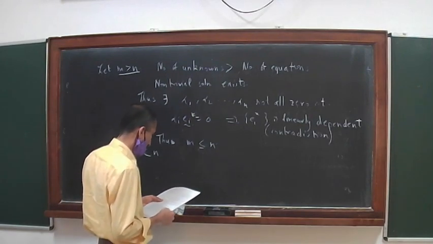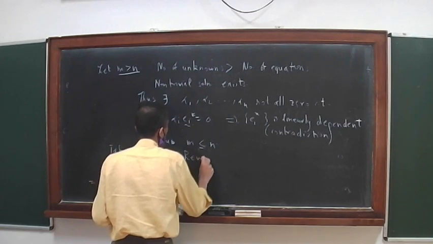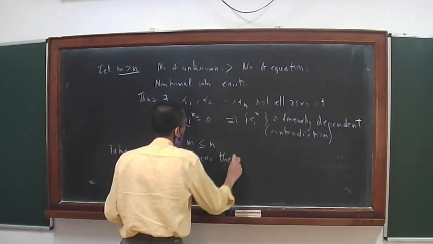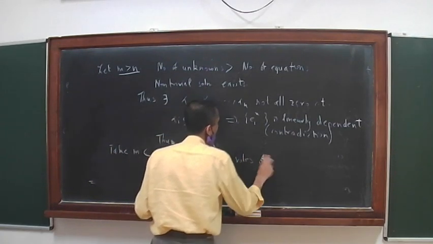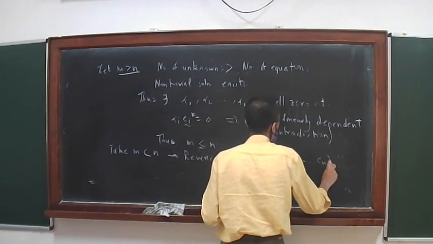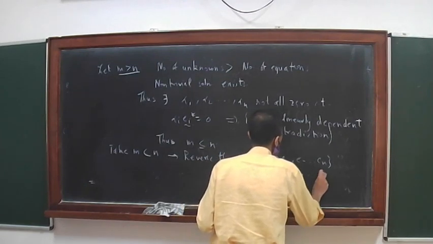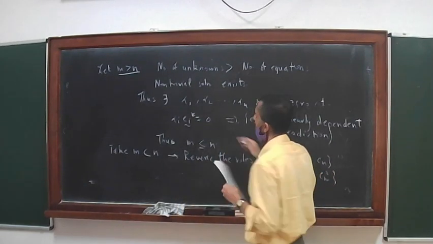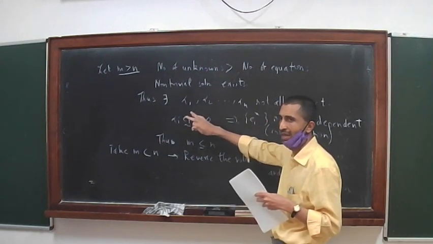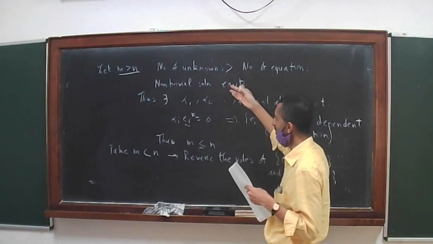Now what we do is reverse the roles of E1, E2 up to En, and E1 star up to En star. Basically, wherever Ei star was occurring, you put Ei, and wherever Ei was occurring, you put Ei star.